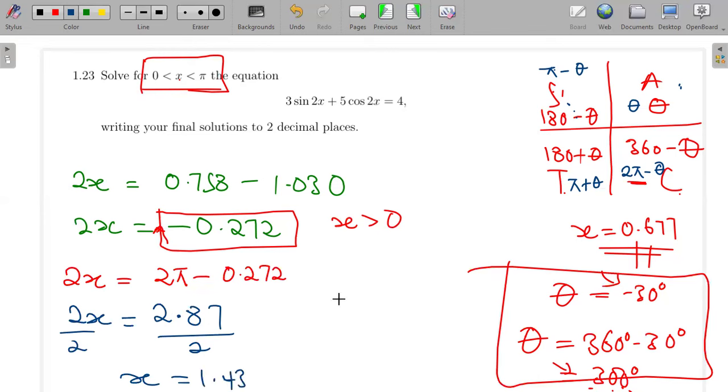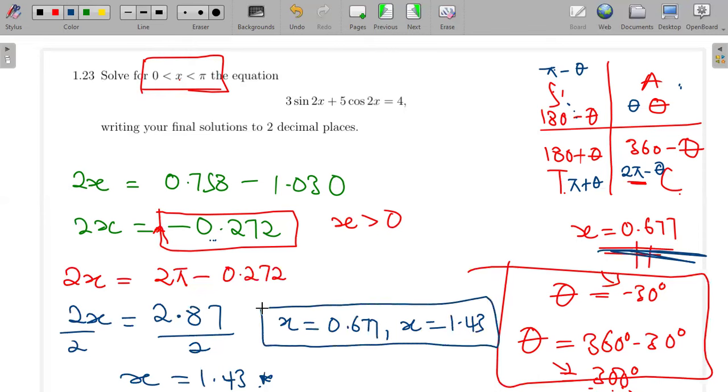So we have two values for x. The first one was this one here, which is 0.677. And then the second one is x is equals to this one that I've been finding. From the negative angle, I find the positive angle, which is 1.43. So our values of x are these ones here. And you can see that these ones, the x is indeed between pi and 0.